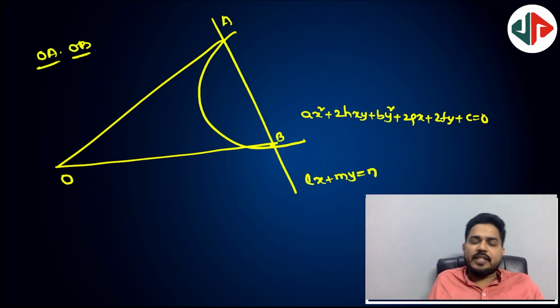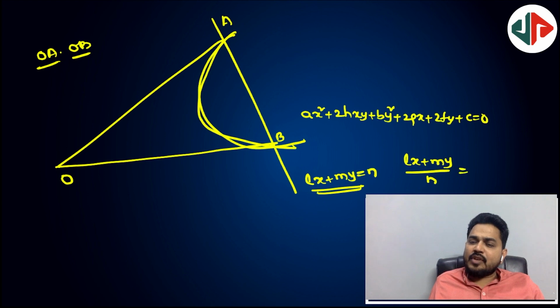So you need to homogenize this equation with this line. So what I'll do is, I will take this line as Lx plus My by N is equal to 1. I will take this one as 1.